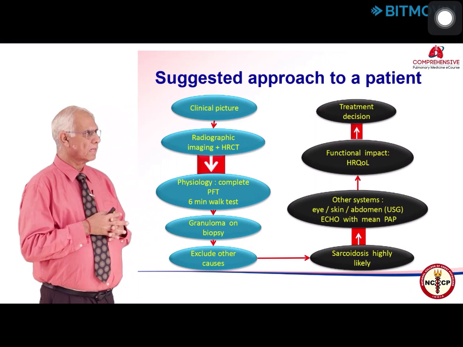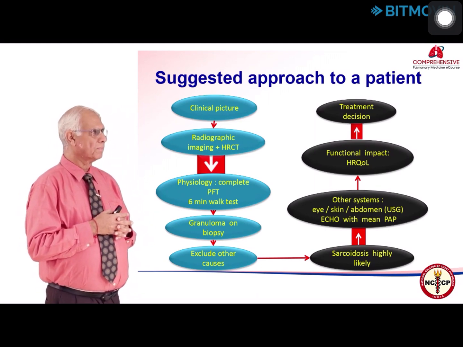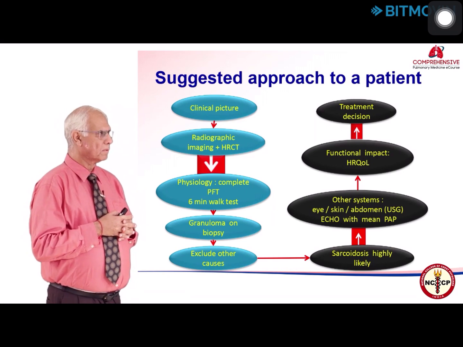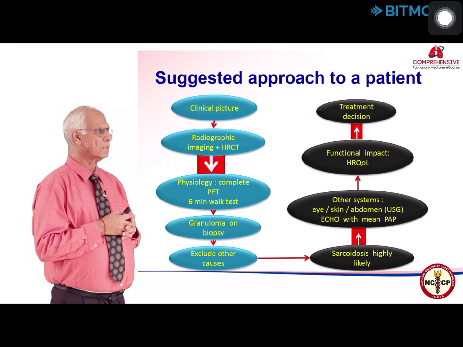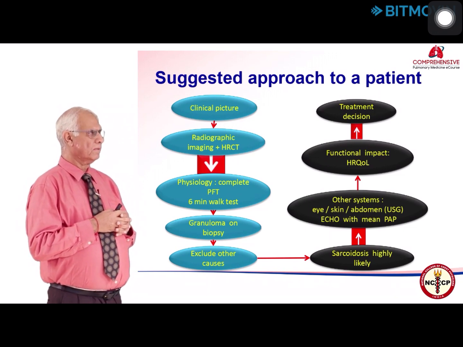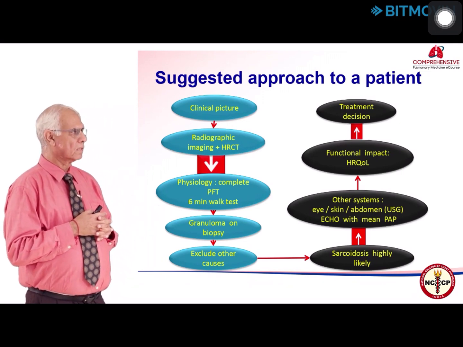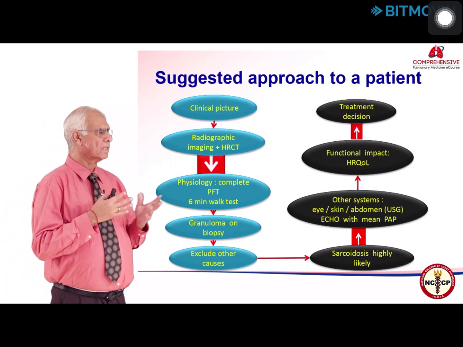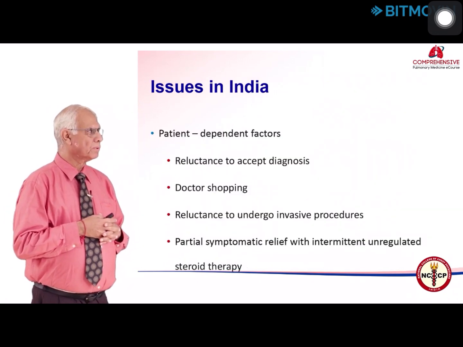If sarcoidosis is highly likely, get a skin and eye evaluation, USG of the abdomen, and echo with mean PAP. And if you have a patient diagnosed as sarcoidosis, then you can also assess the quality of life. There's a specific instrument for measuring quality of life in sarcoidosis, and that will help you to take a treatment decision also.